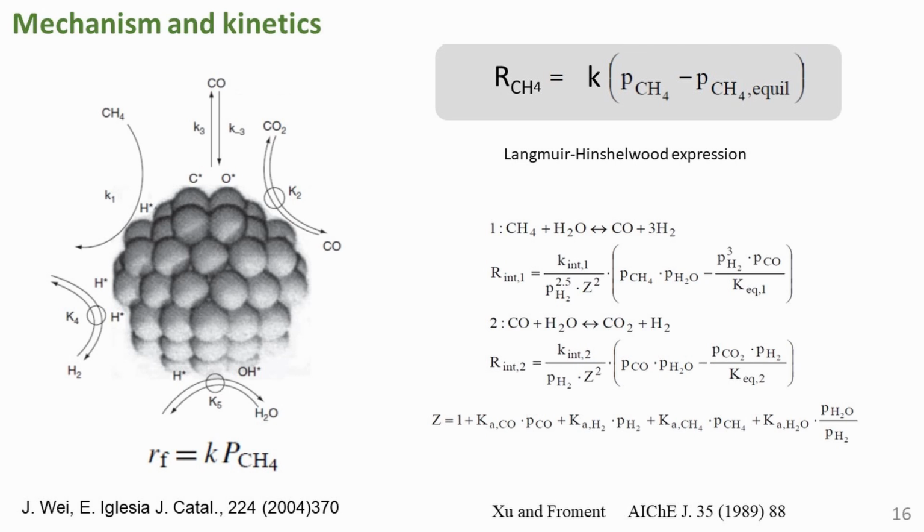The overall reaction scheme presents methane dissociative adsorption, formation of surface carbon, adsorption of water, and formation of adsorbed oxygen species, and these oxygen species react with surface carbon and form carbon monoxide.